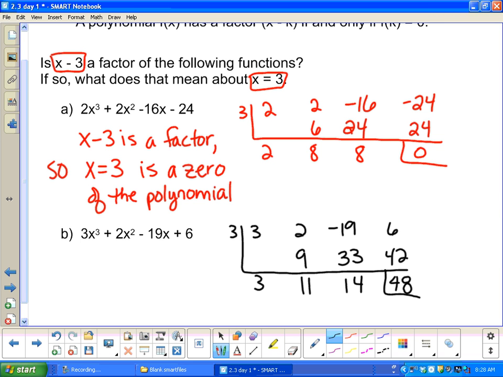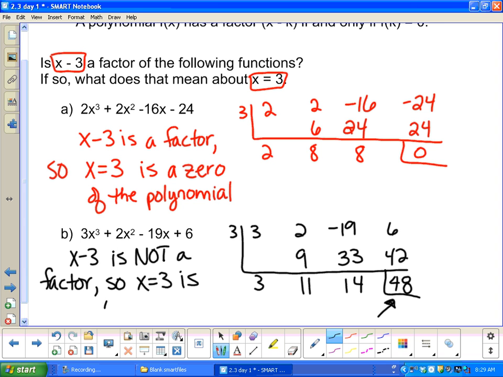So what I can conclude is, because this is not equal to 0, x minus 3 is not a factor. So x equals 3 is not a 0.